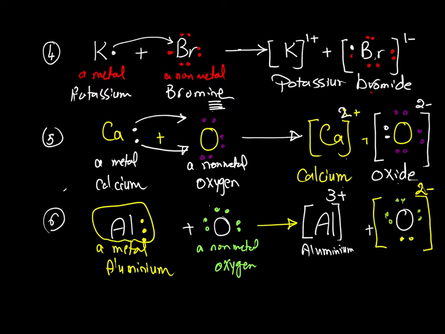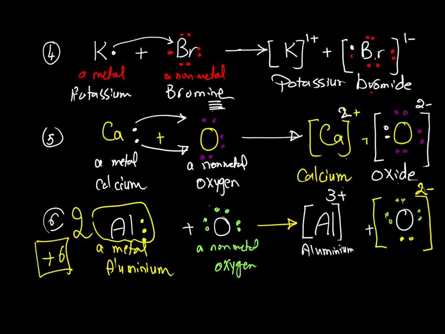How to balance? Very simply. This is 3 and this is 2. So the least common multiple between 3 and 2 is 6, to make either side 6. So aluminium has 3 electrons, 3 into 2 equals 6, so we use 2 aluminium. The 2 aluminium will lose 6 electrons.